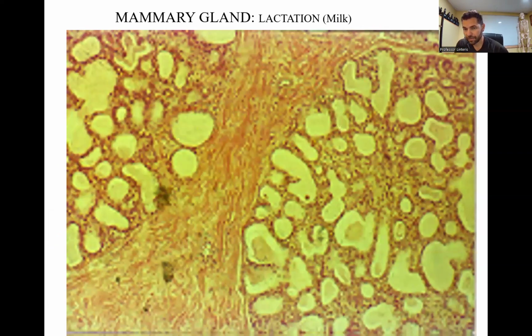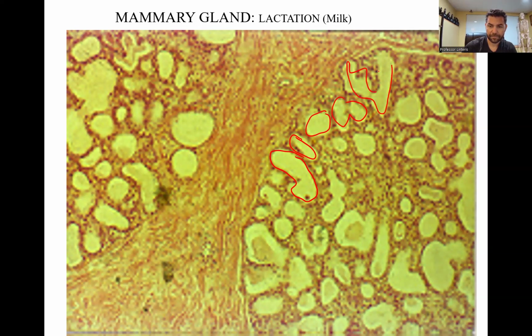And that's what this slide looks like. This is a picture of a mammary gland during lactation, and we can see these are filled with milk. This slide is a mammary gland.